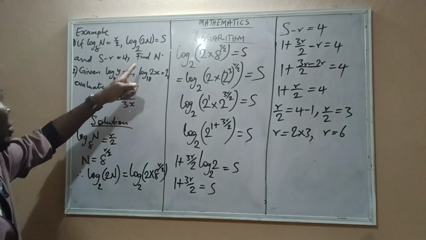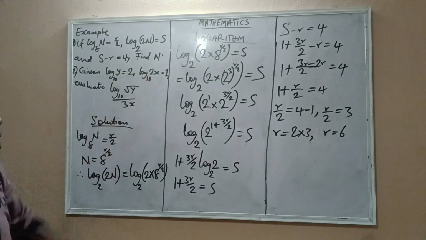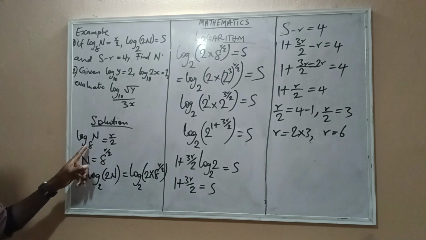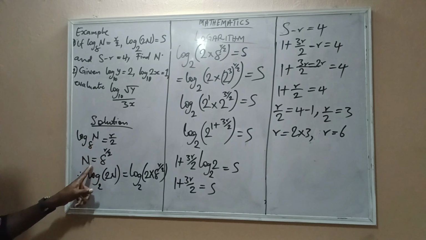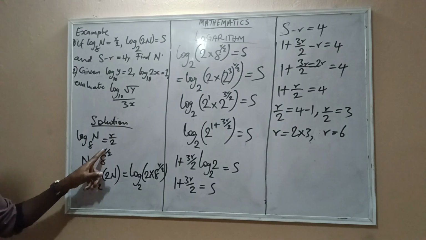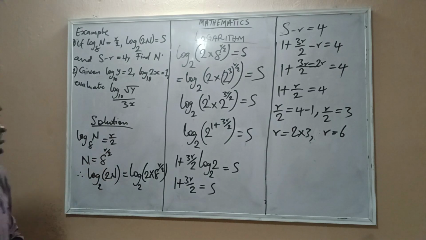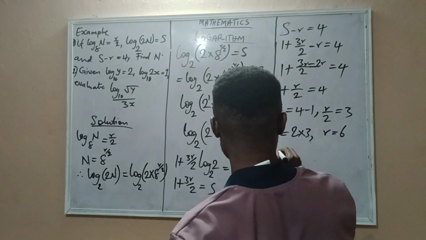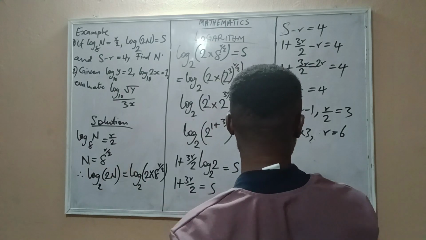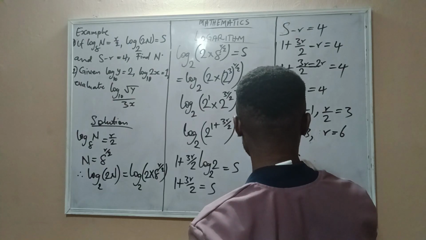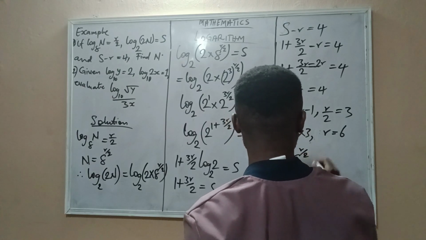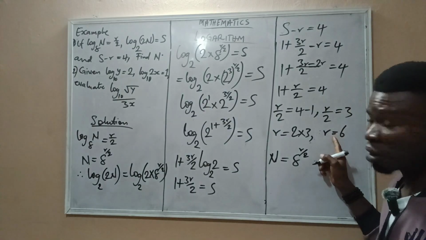Remember what you are asked to get. You are asked to get n from the question. Now, you look back at the first place where from the first expression we got that n equals 8 to the power of r over 2. Now we have to bring it here because we're looking for n. And of course, we've gotten what r is.